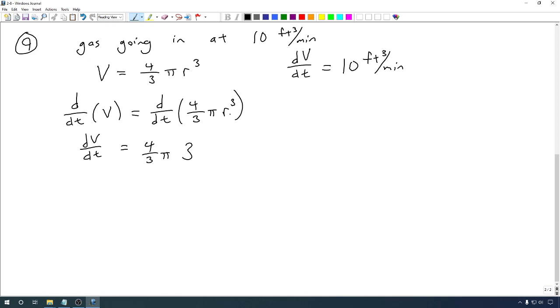We reduce the power of 3 down to a 2, so we have an r squared. But then we also need to multiply by the derivative of the inside, the dr/dt. So that's being multiplied in there. Of course, we can then simplify this a little bit. The 3 down here can cancel with that 3 there. So we have 4 pi r squared, but also multiplied by dr/dt.